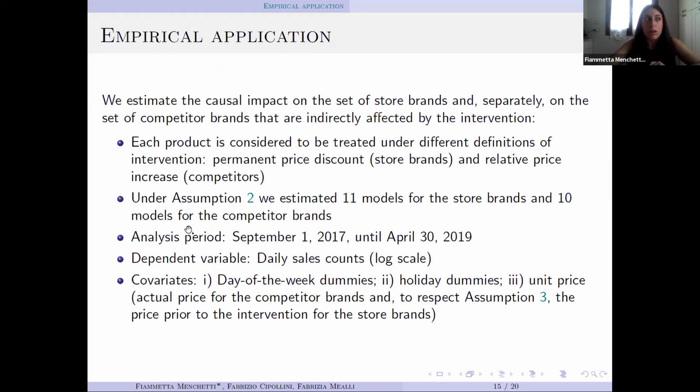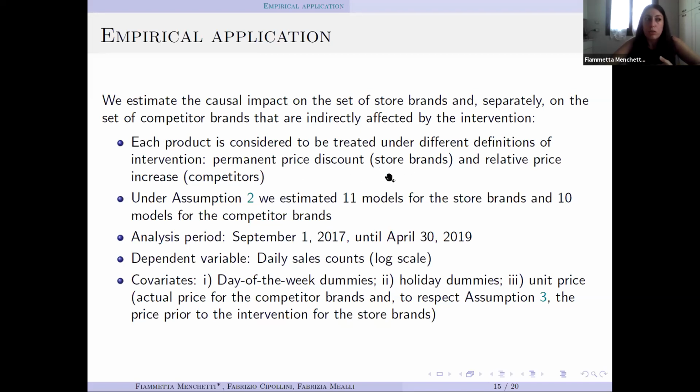So we considered every product to be treated under two different definitions of treatment, in a sense. Of course, for the store brands, the treatment was the permanent price discount. For the competitors, it was the relative price increase, because considering each pair of products, they are identical, meaning that starting from this permanent price discount, competitors were immediately more expensive than the relative store brands.